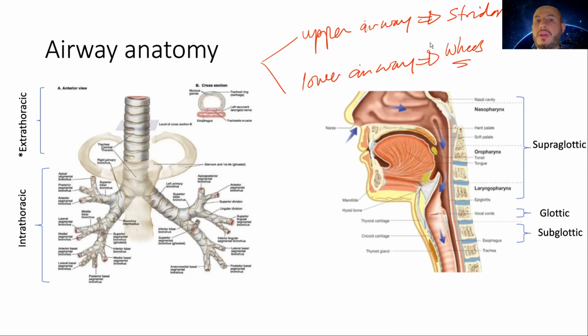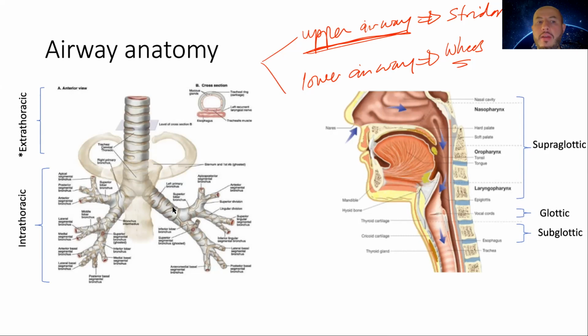Okay? What does upper airway mean? Any obstruction starting from the nose all the way down to the right and left main bronchus. That's when we call it upper airway obstruction. Anything below that is usually lower airway obstruction, okay?